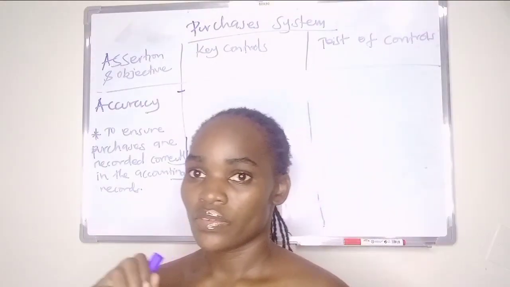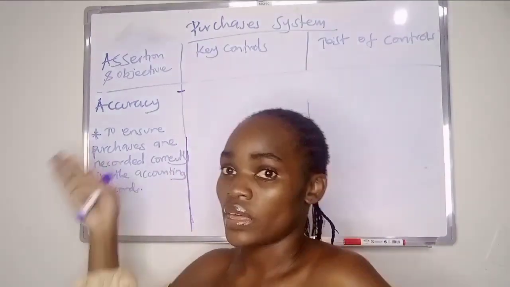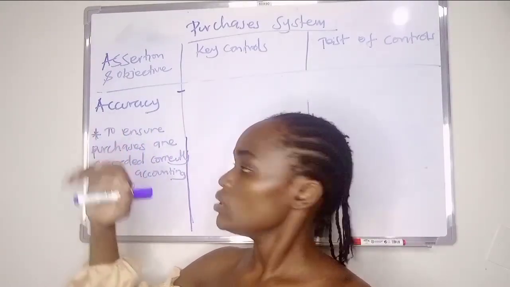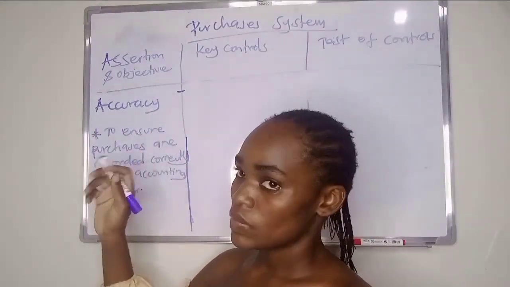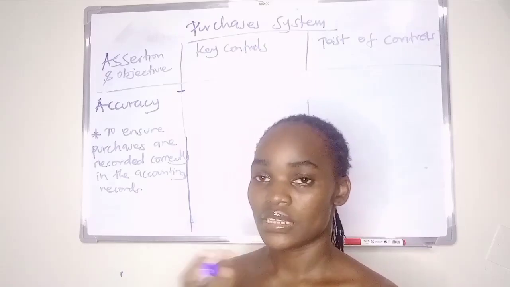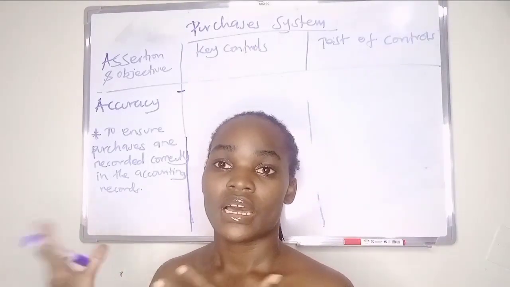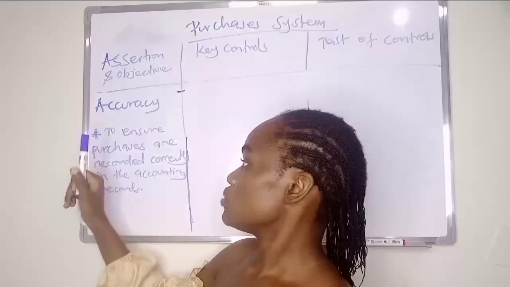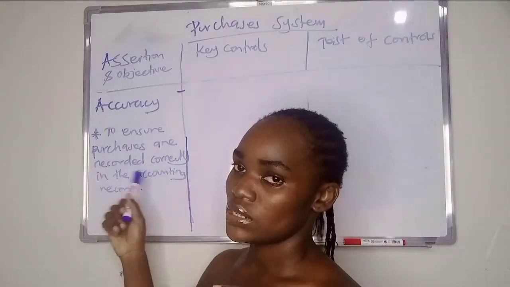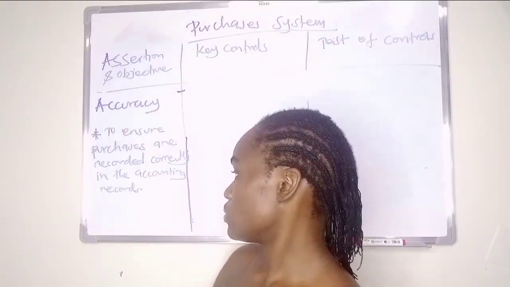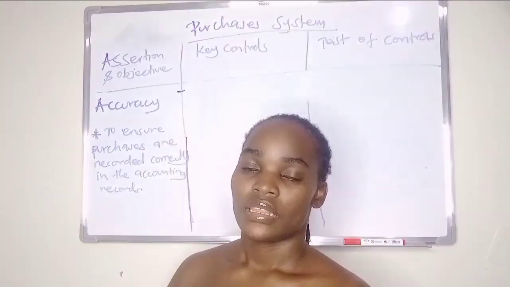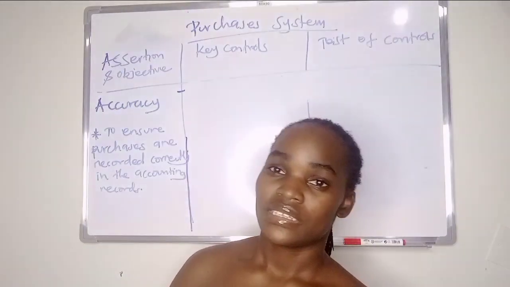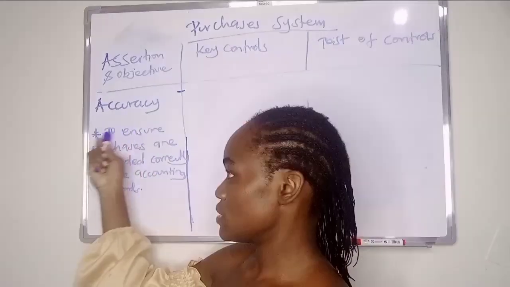If they ask you for the objective of the accuracy assertion, you say to ensure. They can ask what's the objective of the accuracy assertion in the sales system. To ensure sales are recorded correctly in the accounting records. Then if they ask in the purchases system, you just keep changing this.